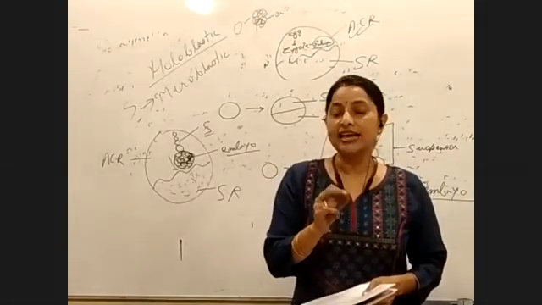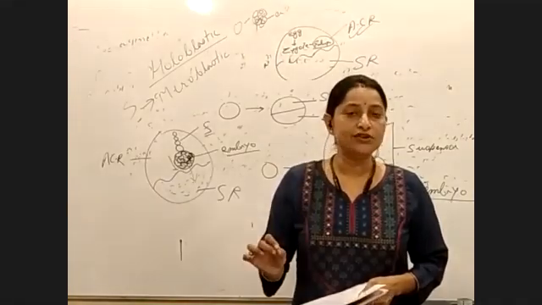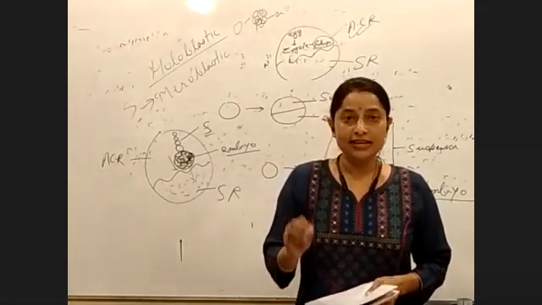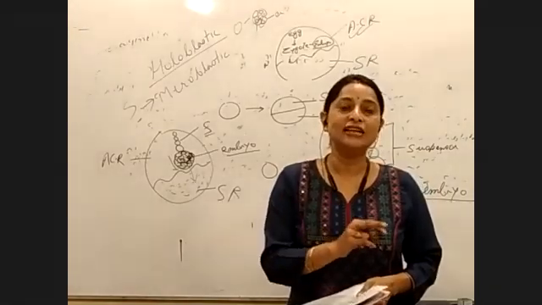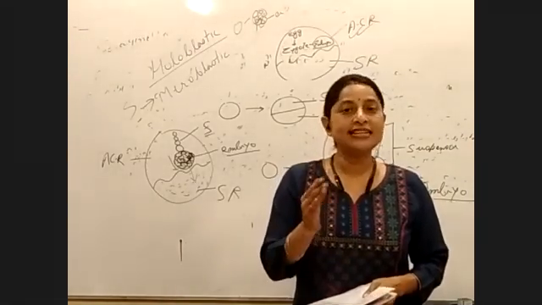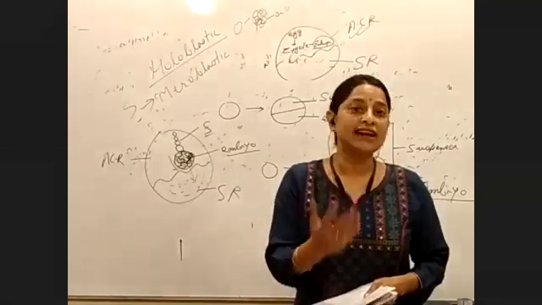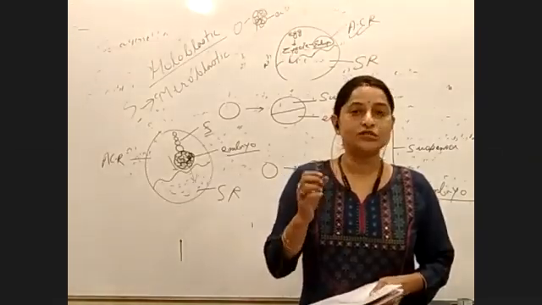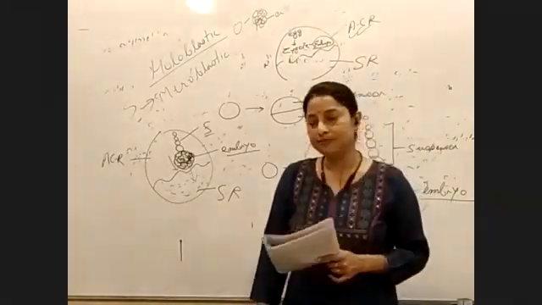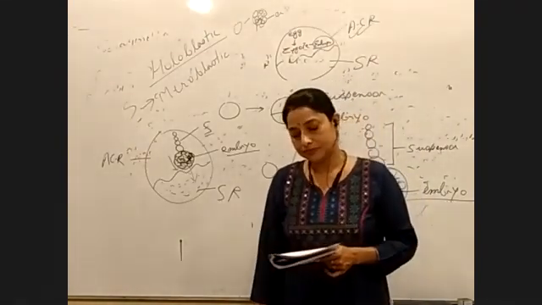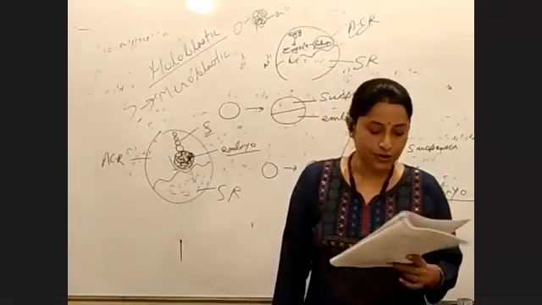Is seed present in pteridophytes? No. But the question is, in which group of plants did the seed habit start? The seed habit is seen being started in pteridophytes, and specifically in Selaginella and Salvinia. Clear?